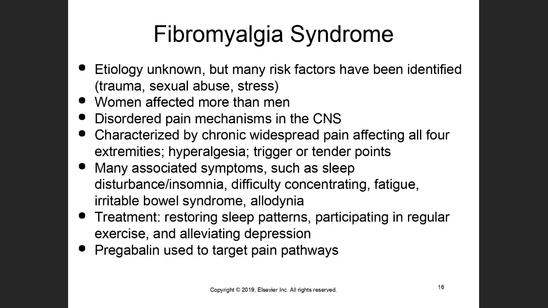Associated symptoms include sleep disturbance, insomnia, difficulty concentrating, fatigue, irritability, irritable bowel syndrome, and allodynia. Treatment: restoring sleep pattern, participating in regular exercise, and alleviating depression. Regular exercise is the main therapy. Gabapentin is used to target pain pathways.